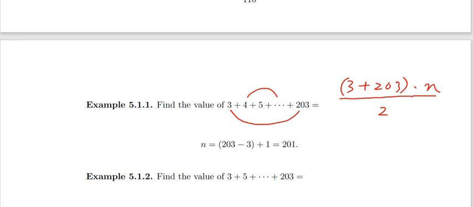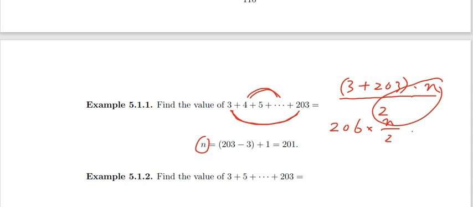So we have n over 2 pairs, 206 multiplied by n over 2. So what is n? How can we find n?